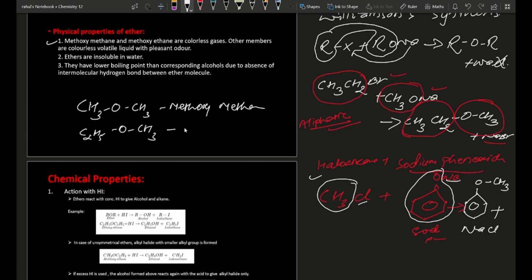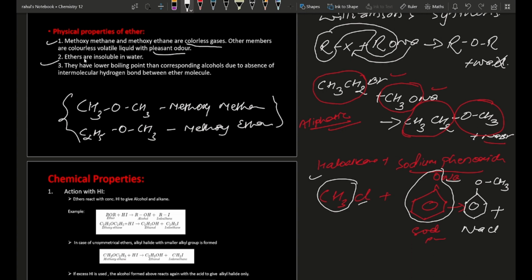This one is methoxyethane. So generally these two are colorless gases. That means हामीले यहाँबाट हेर्न सक्छौँ कि they are gases in state and colorless. Other members are colorless volatile liquids with pleasant odor. So यो दुईटा बाहेक सबै चाहिँ लिक्विड फर्ममा हुन्छ, बट कलर चाहिँ सबैको कलरलेस नै हुन्छ. So they have no color.